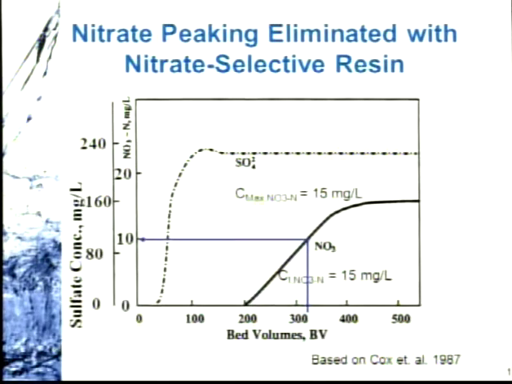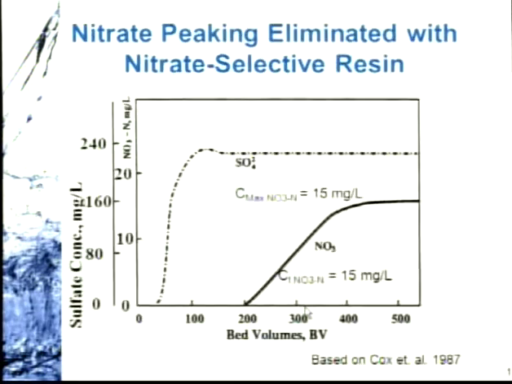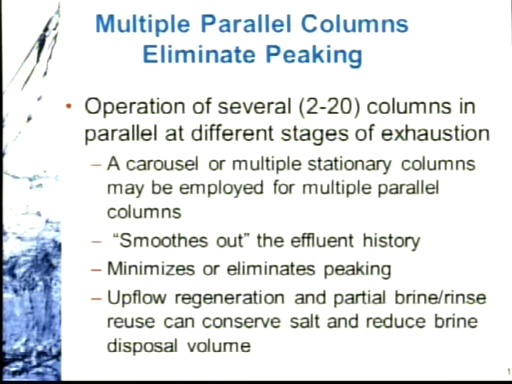If I go back here, with this initial water, we were operating a breakthrough curve at 10 milligrams per liter nitrate as N, or 45 as nitrate, at about, call this, 280 bed volumes of treatment operation. Here, we're operating more so at, say, 320. So you get a little bit longer treatment, and you then have the opportunity to avoid the peaking.